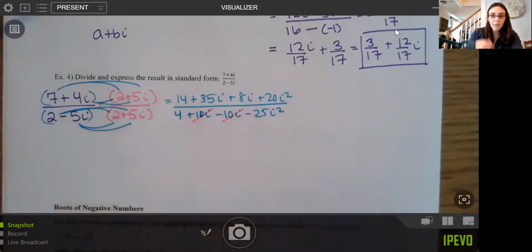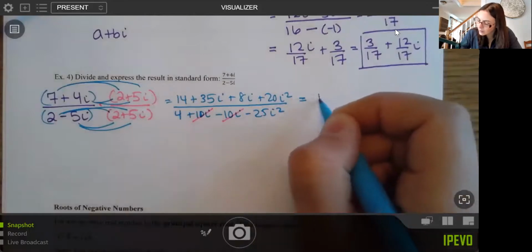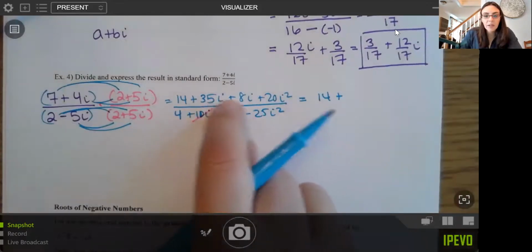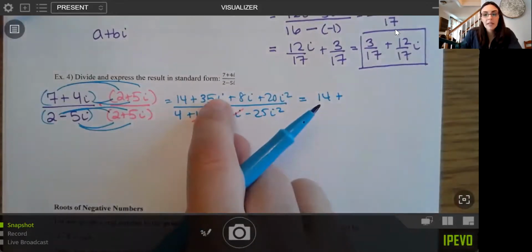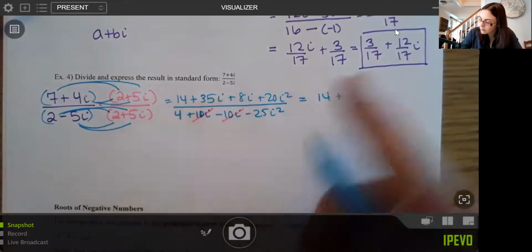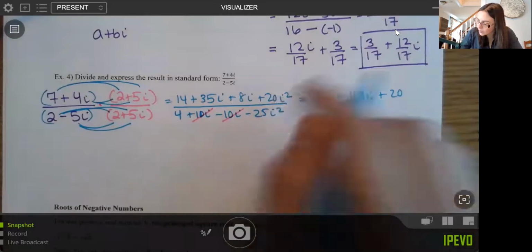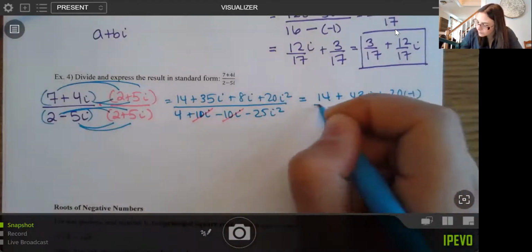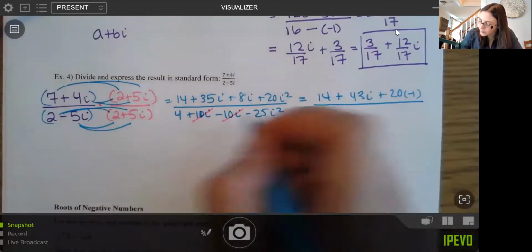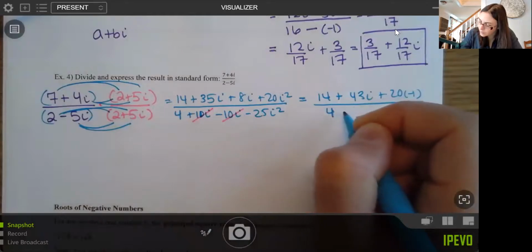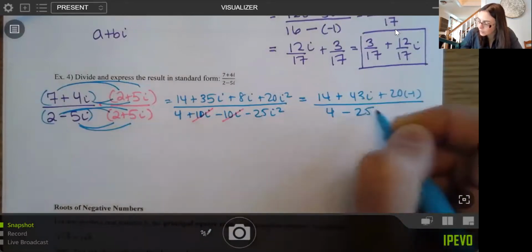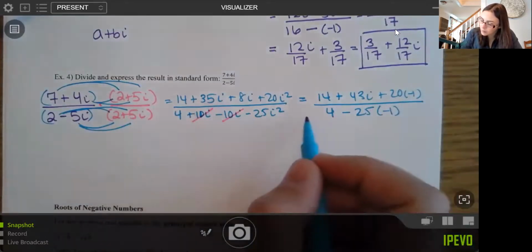Those are going to cancel out, and I'm going to keep simplifying. So I have 14, and then here I have like terms, so I'm going to add 35 plus the 8 and get 43 with the i. If I see an i squared, that's negative 1. In the denominator, those middle pieces cancel. I have 4 minus 25, and again, that i squared is negative 1.